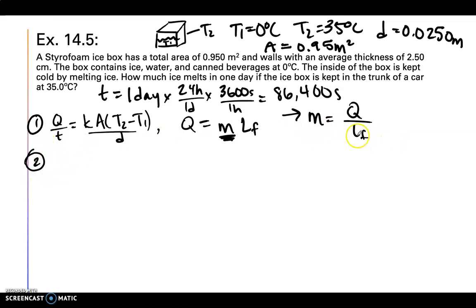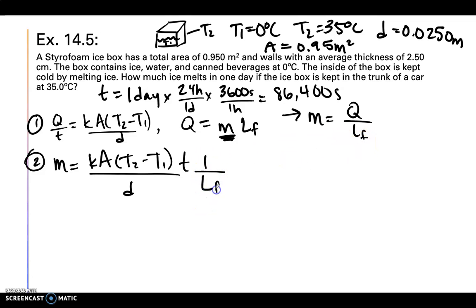And then M is going to equal K A times T2 minus T1 over D. We would multiply our time over, and then we still have divided by L_F, so I'm going to just put that here. Okay, so this is our equation that we'll be using.